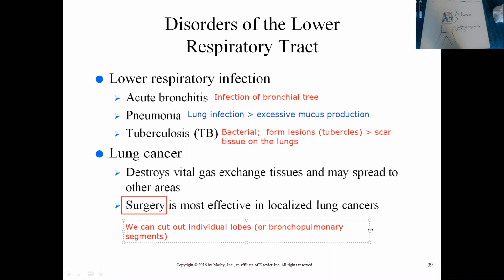And because the lung has these divisions, if you cut out a lobe or a segment, the other parts are not necessarily affected by that loss of tissue. Overall, that lung would be less efficient, but it would still be able to operate, which makes surgery somewhat convenient, at least in terms of relative ease of treatment application.